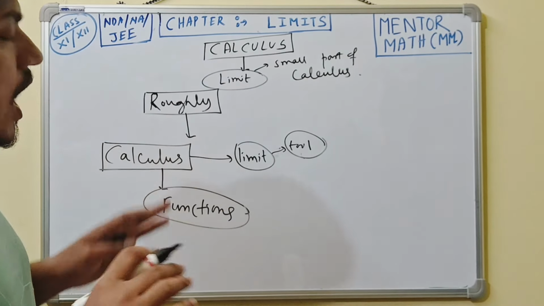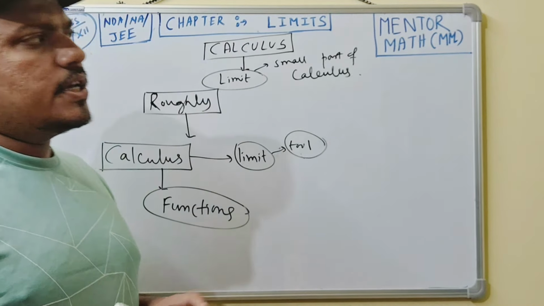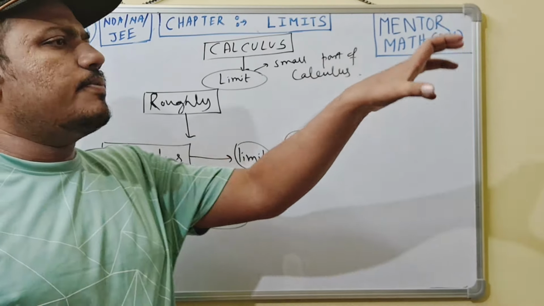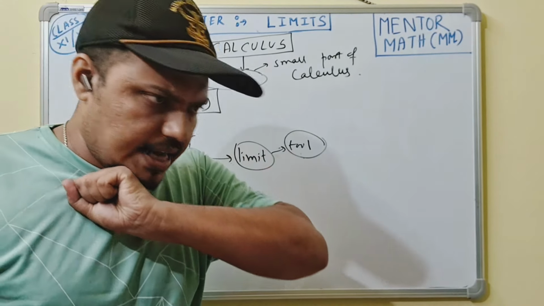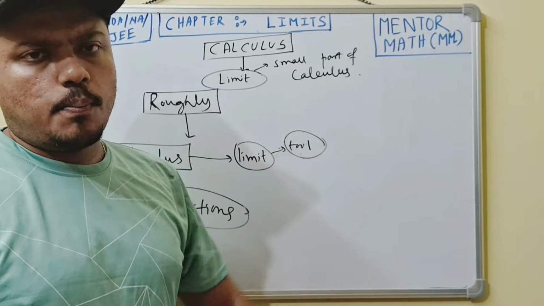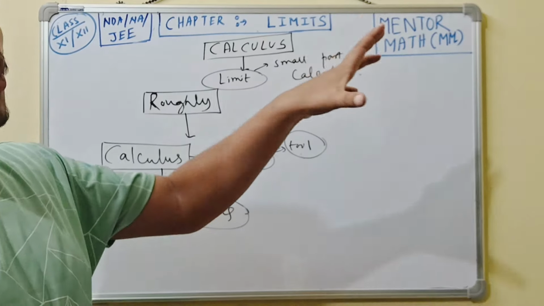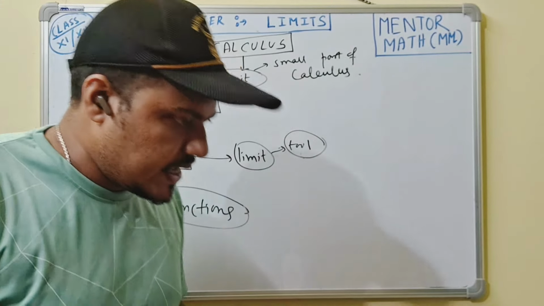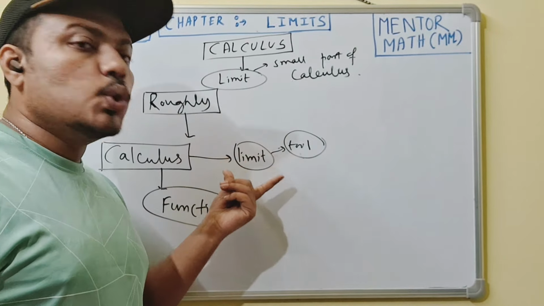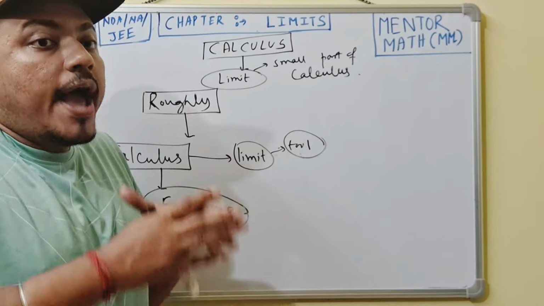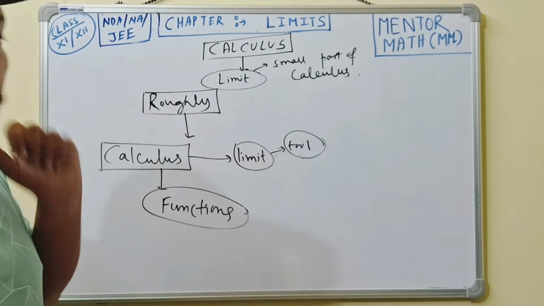Now you observe that each and every box is sitting there, locked. Again you have to use that tool, limit. And why do you use the limit tool?